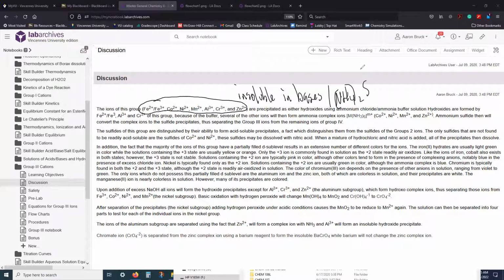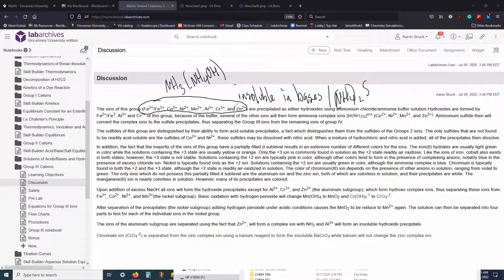And so the reason for the distinction here is we will take this solution and we will blast it with ammonia. And that ammonia, in the form of ammonium hydroxide, is going to create a series of hydroxide salts.